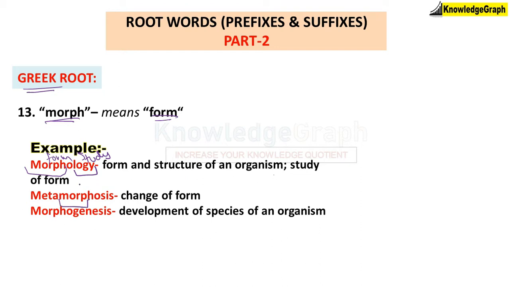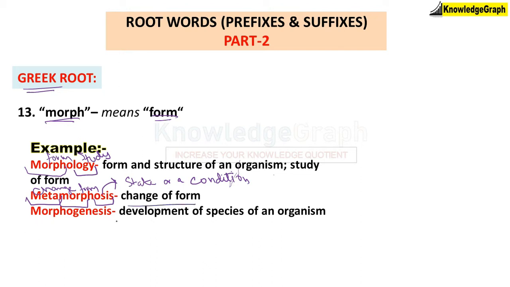Morph means form. Meta means change. And note that osis basically means a kind of a state or a condition. So metamorphosis is change of form.